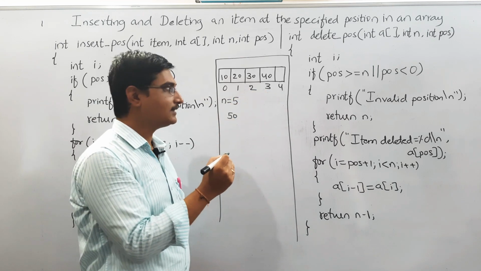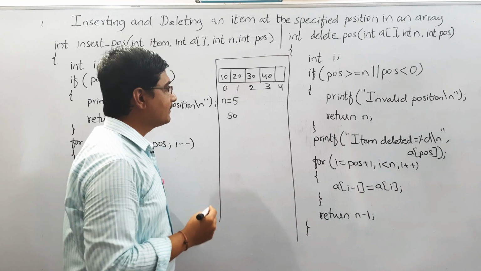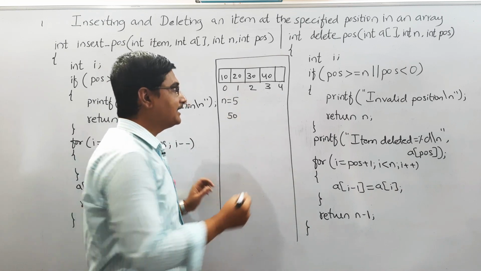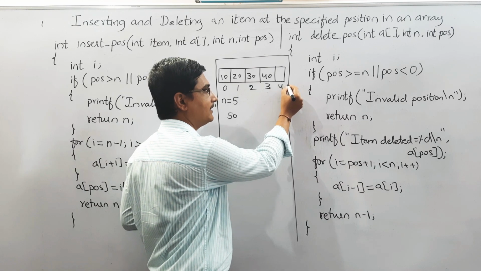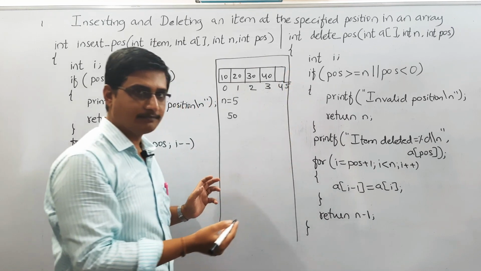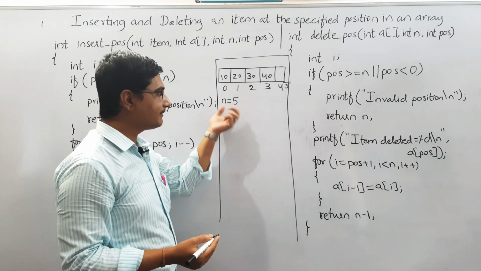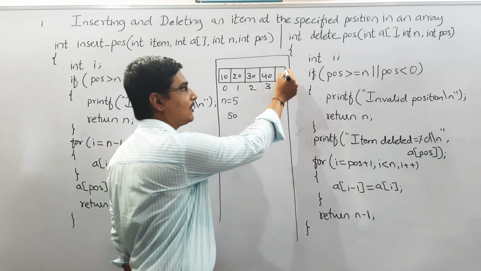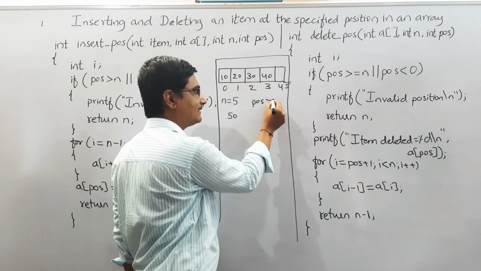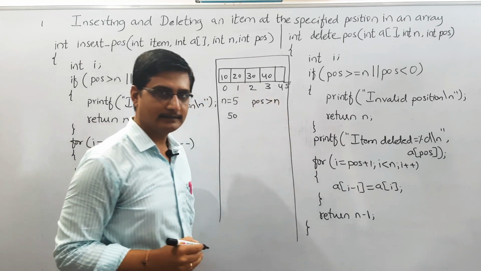I want to insert one more element. Say the maximum location is 5. If I want to insert an element in this position 5, where there is no space, because we have declared the array as 5 elements, then we cannot insert that element because that position is greater than n, the given n.